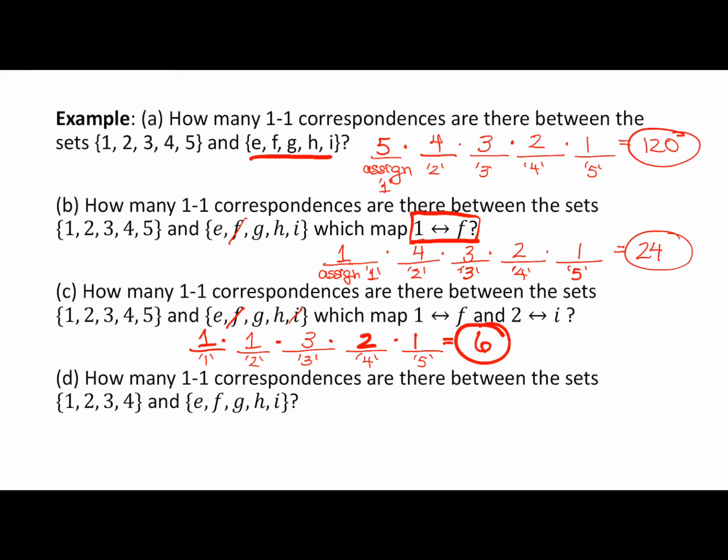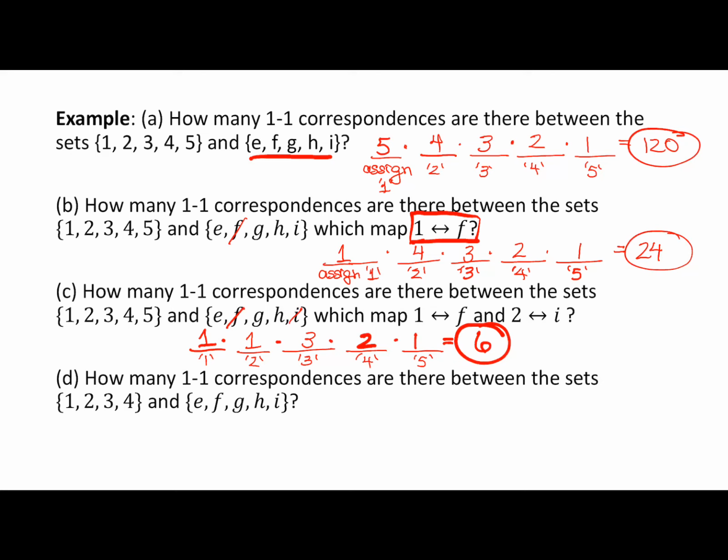All right, finally, let's look at one-to-one correspondences between the sets 1, 2, 3, 4 and E, F, G, H, I. Well, let's take a second here and look at these two sets. There are 4 elements in the first set and 5 elements in the second set. Remember, one of our conditions for having a one-to-one correspondence is that every element of the first set corresponds to 1 element of the second set and vice versa.